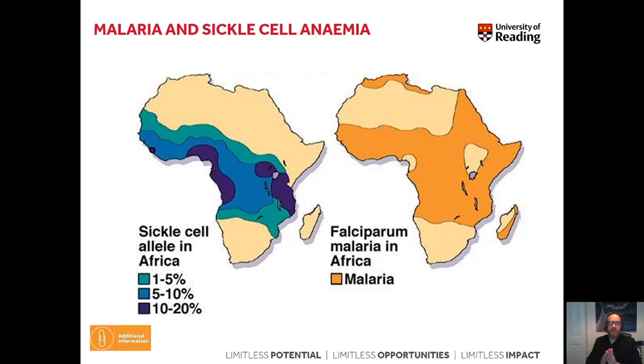That's a genetic disorder we have learned about in our genetics lecture series. So as you can see here, there is quite a large overlap between patients with sickle cell anemia carrying the mutation in Africa and the distribution of falciparum malaria in Africa.